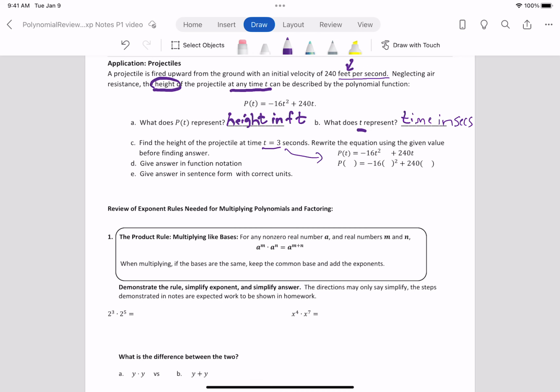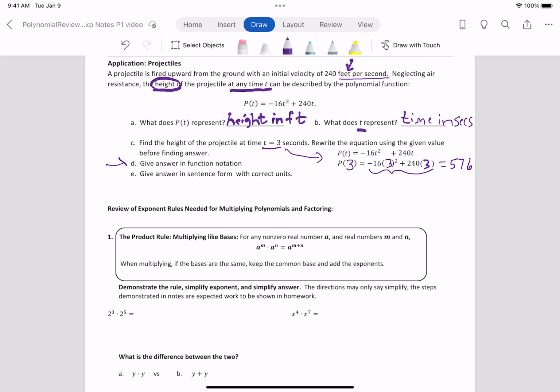So if we look at the given polynomial equation, if I want to evaluate it at a t of 3, we replace the t with that value 3 in every place it shows up. And then all you have to do is enter -16 parentheses 3 squared plus 240 parentheses 3. And hopefully from the calculator that will tell you it's 576.